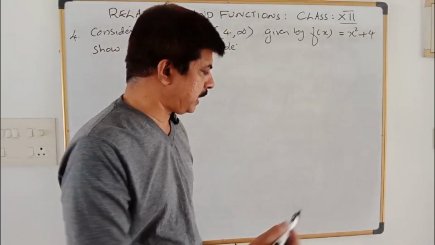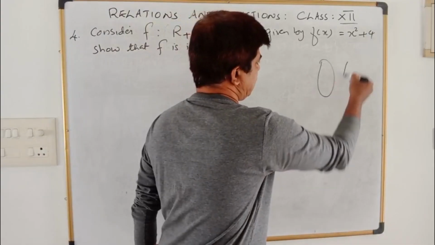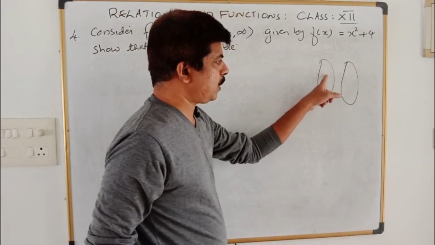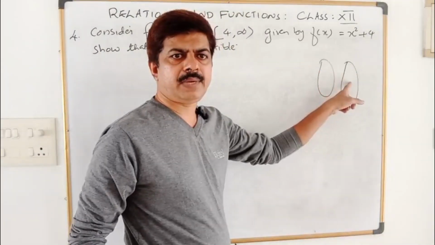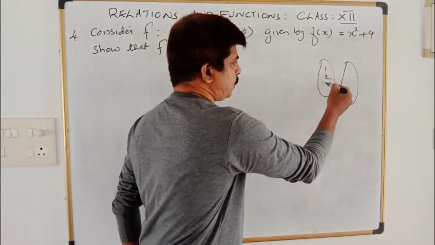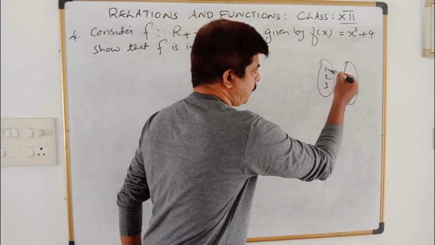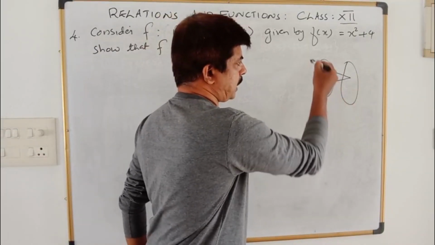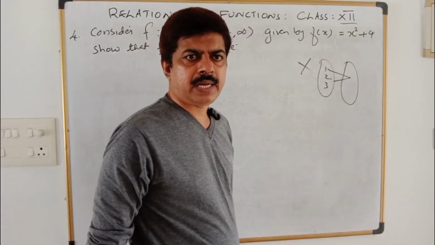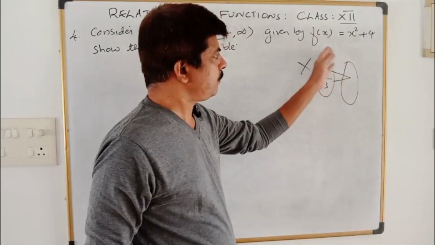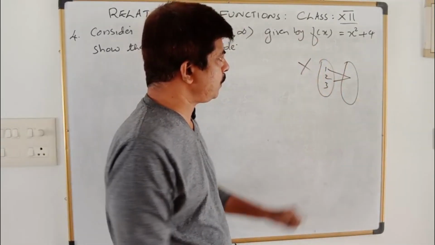One-one function means that each element in the domain set has one and only one image. Suppose we have 1, 2, 3, 4; from one element we cannot have more than one image. Then how will you prove that?